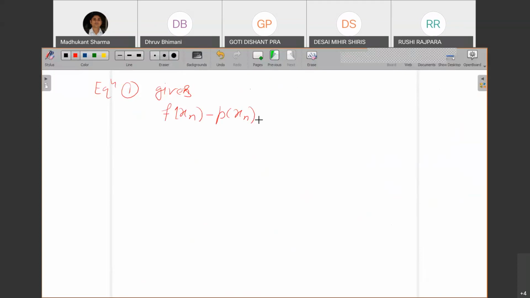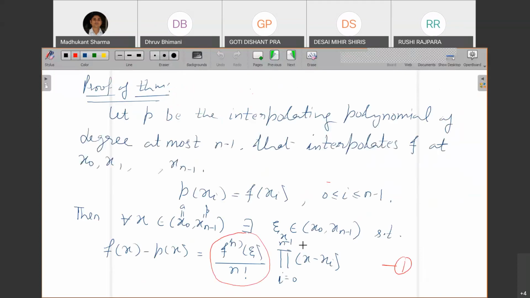We have not said that x0 to xn are in order, so xn can be shifted among them so that the condition x belongs to x0 to xn minus 1 is met, because the result holds only for that.